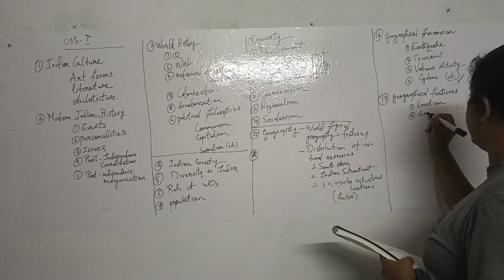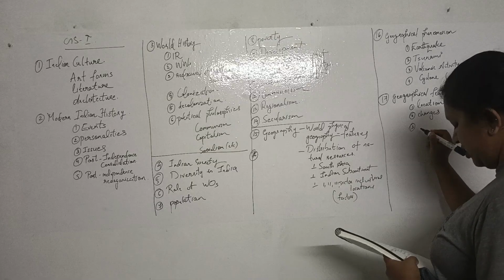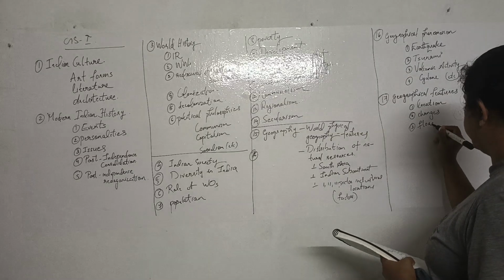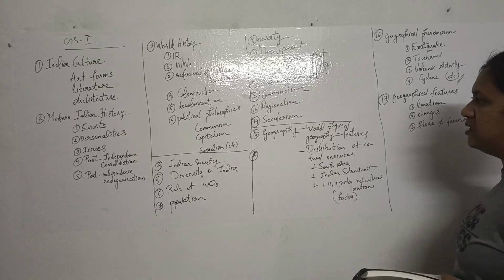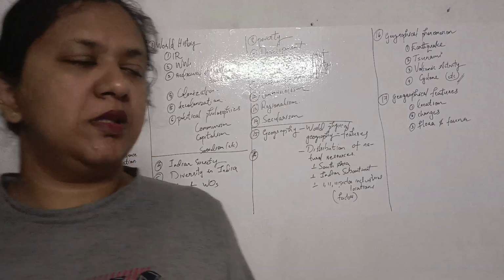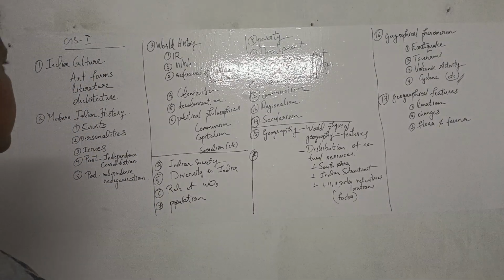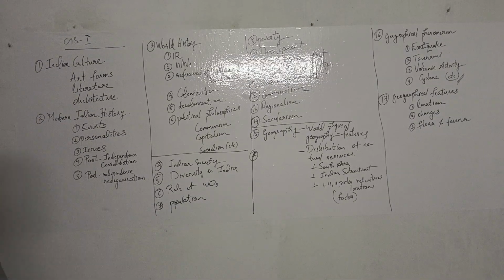Then what changes are happening in geographical locations, maybe due to climate change. Then flora and fauna. So this is the syllabus of paper 1. This is a very vast syllabus, but it is very easy to cover because it contains history.